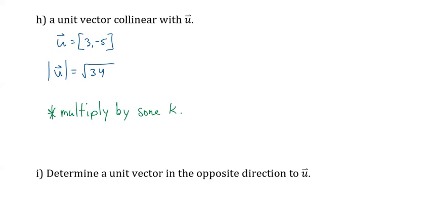So k times u is 1 over root 34 times 3, negative 5, which is 3 over root 34, negative 5 over root 34.